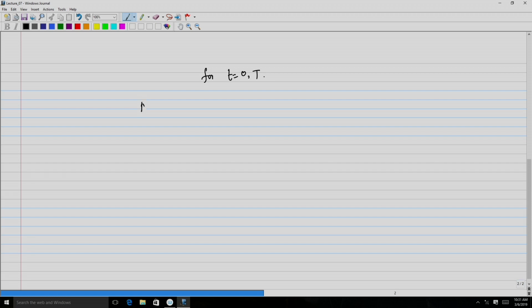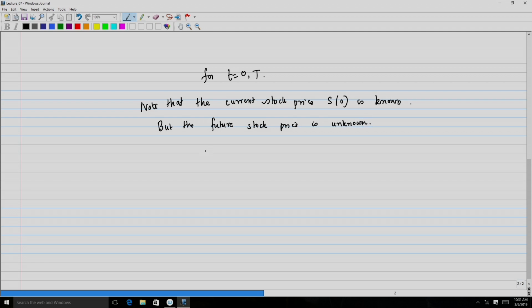So, therefore, note that under this notation the current stock price S0 is known, but the future stock price is unknown.